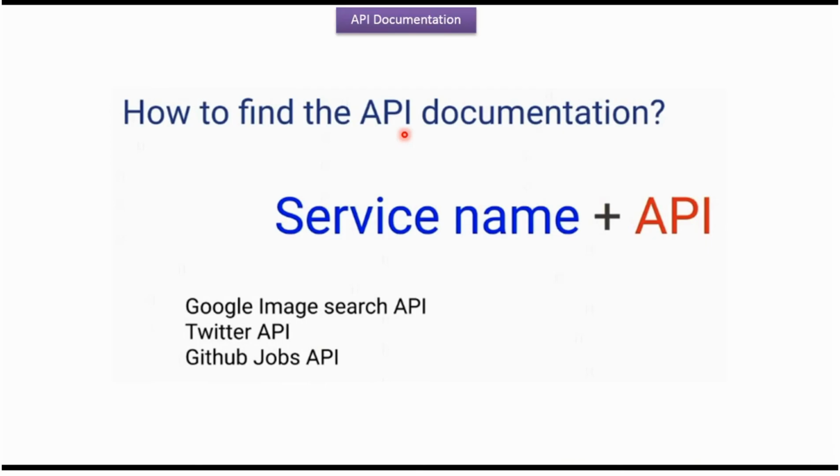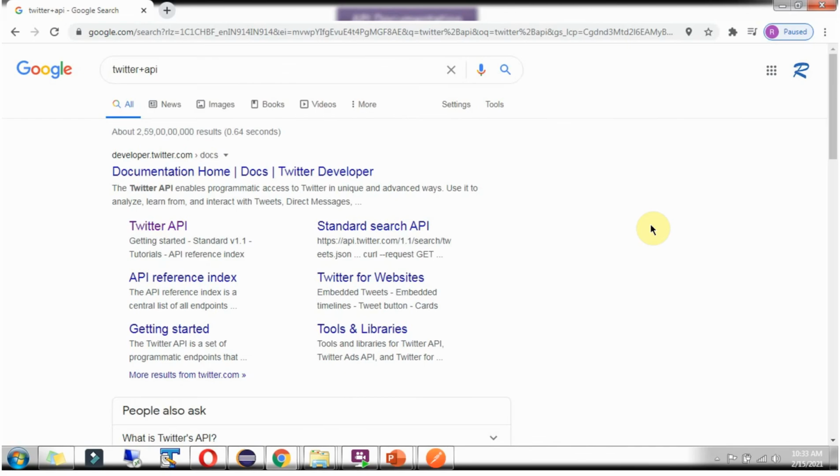Suppose we want to find API documentation which is public. Then what we have to do is, in Google, search for service name plus API. For example, Twitter is the service name, then plus API. We will see that. Here Twitter is the service name plus API.